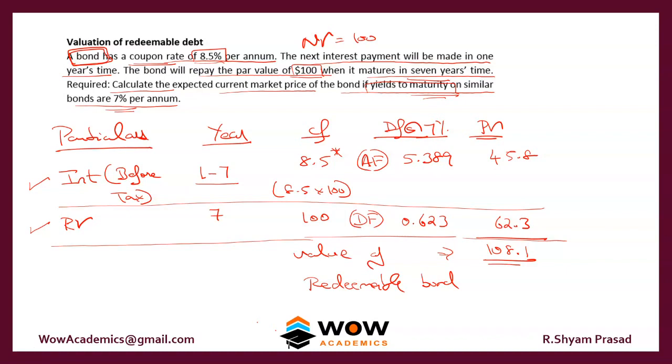The redemption value is a single cash flow which is going to occur in the 7th year alone. So for the 7th year at 7% discount factor, the number comes to 0.623. So we have got the PV numbers here. We add both and we get the value of the redeemable bond. So that's about the valuation of a redeemable bond.